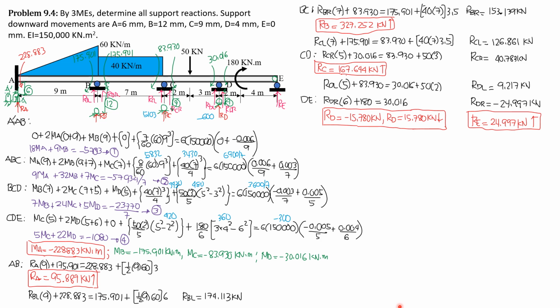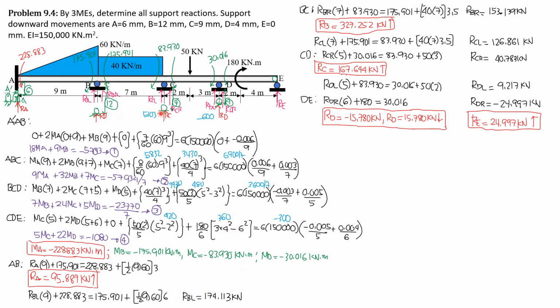And also we have to remember this value. Then summation moment about A equals 0, RB left times 9 plus 228.883 equals 175.901 plus moment of the load, 1/2 of 9 times 60 times 2/3 of 9. So RB left is 174.113 kilonewtons.